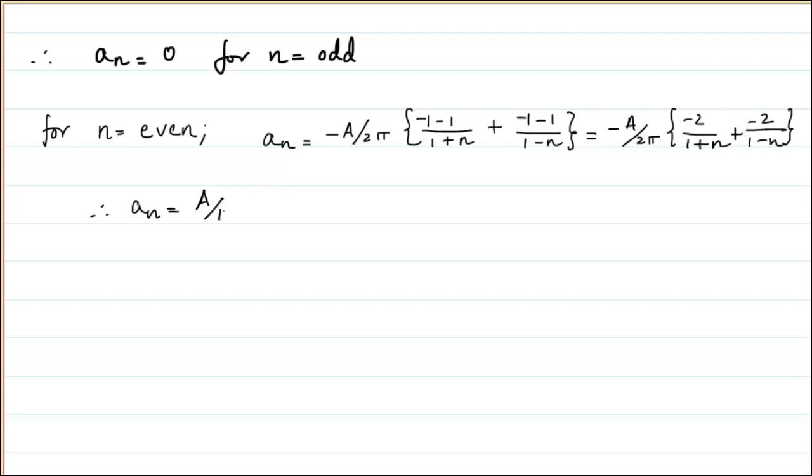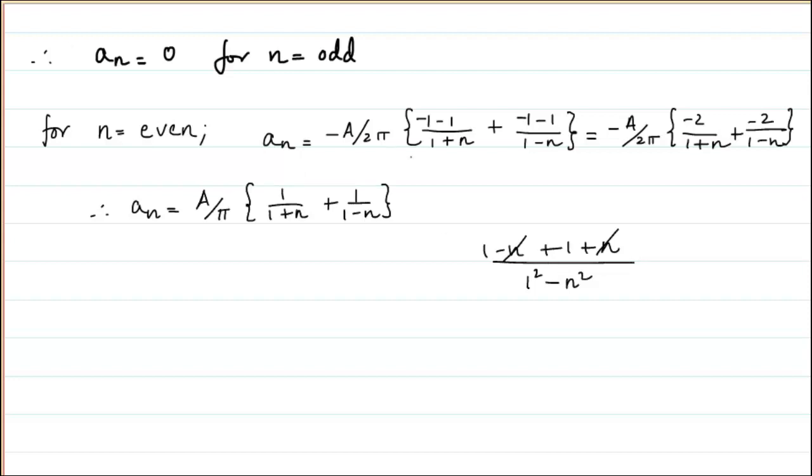So plus a divided by pi into 1 divided by 1 plus n plus 1 divided by 1 minus n. If you cross multiply, you will see 1 minus n plus 1 plus n divided by 1 square minus n square, where minus n and plus n get cancelled and you get 2 on top, and in the denominator you get 1 minus n square.